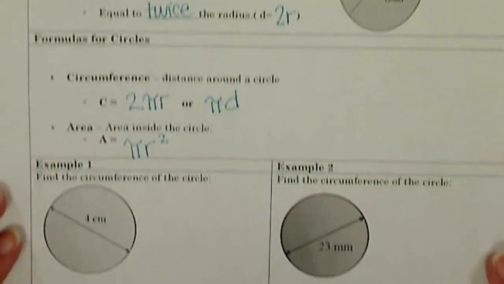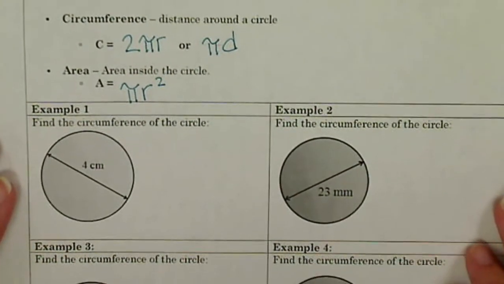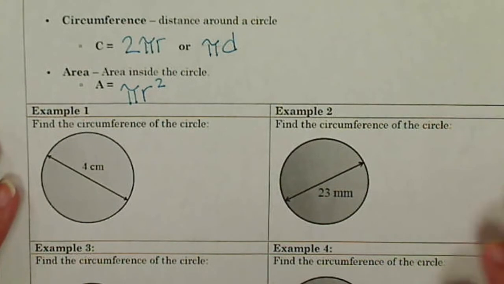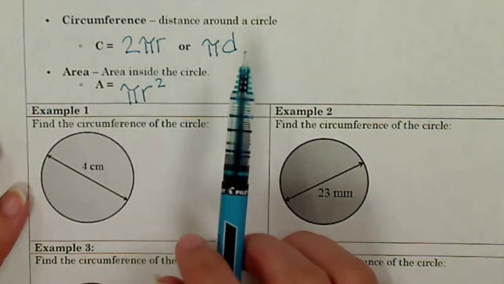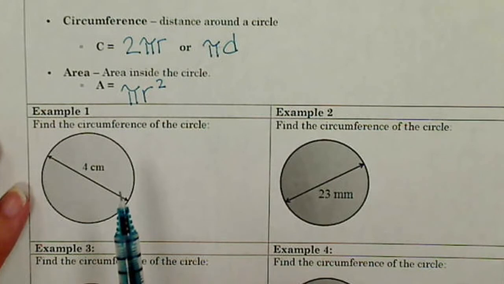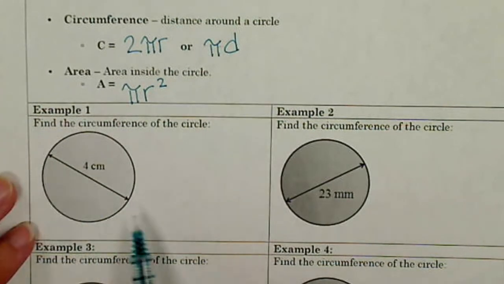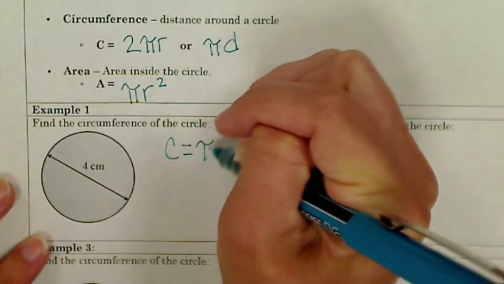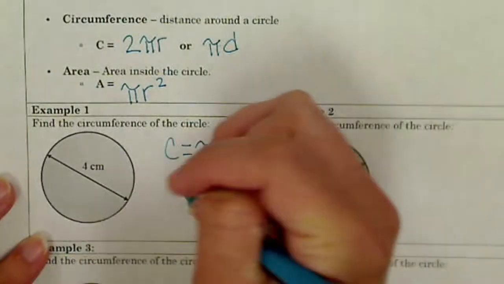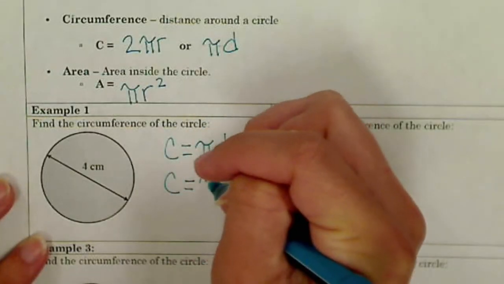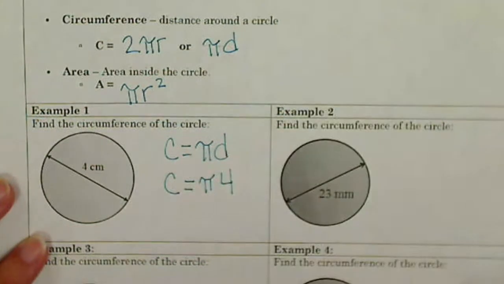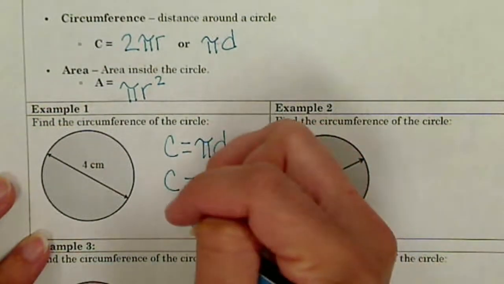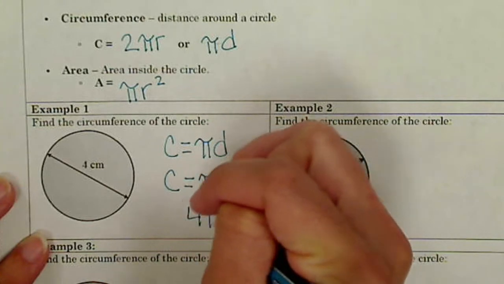So if we're looking at example 1, we want to find the circumference of the circle. There are 2 formulas, radius and diameter. On this particular problem, I am given that the diameter is 4. So I'm going to use the diameter formula. So the circumference is going to equal pi times 4, which is the same thing as 4 pi.